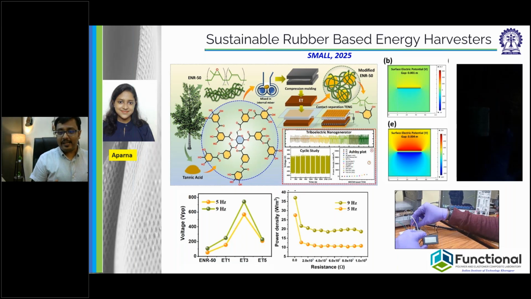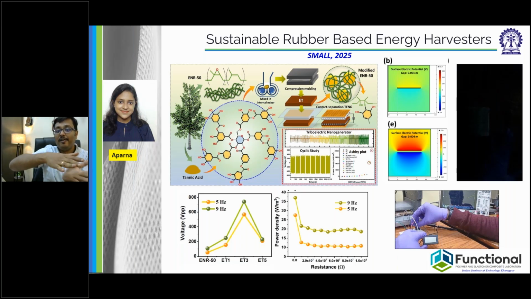Now, when you take these materials of different electronic properties and they touch each other, transiently there is a charge transfer happening from the donating to the withdrawing part and vice versa. So this is something like coming in contact and then going back, again coming in contact and then going back, in this particular way.